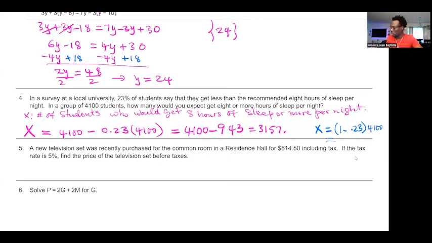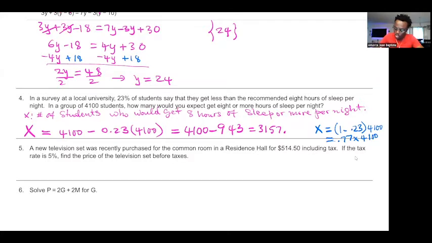So that's going to be 1 minus 0.23 equals 0.77 times 4,100, and then multiply 0.77 now by 4,100, and that gives you the exact same amount.